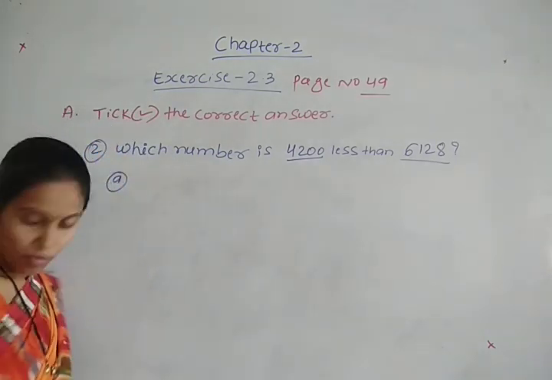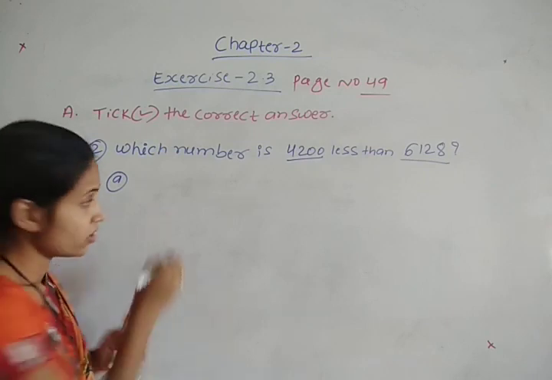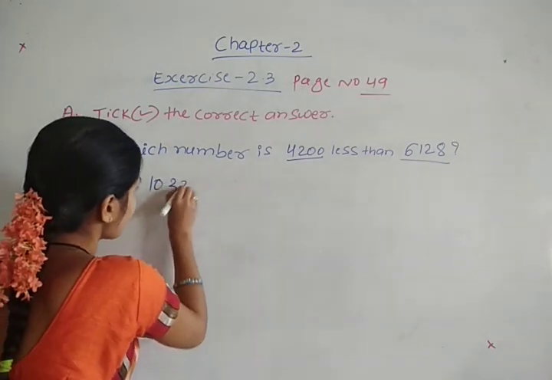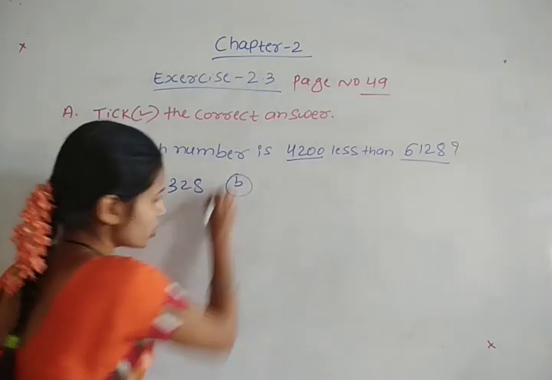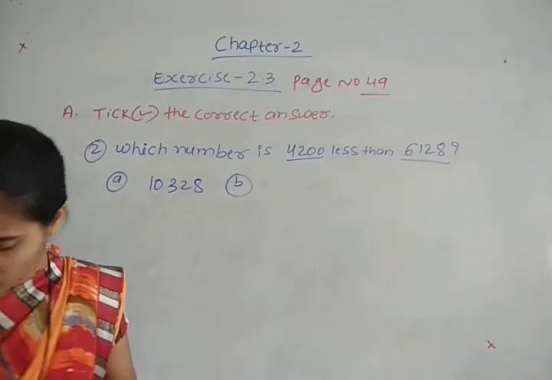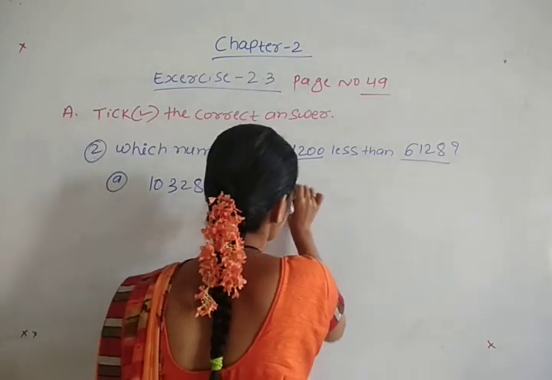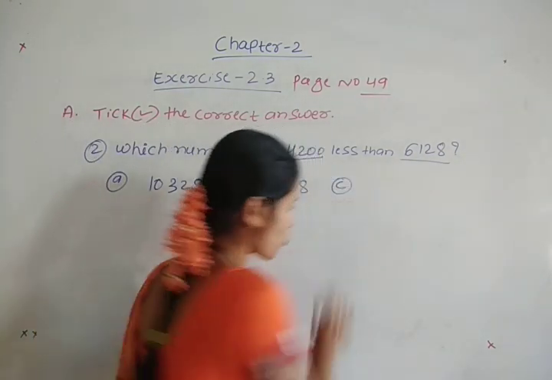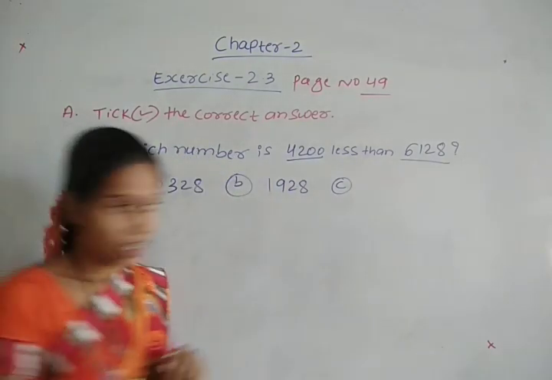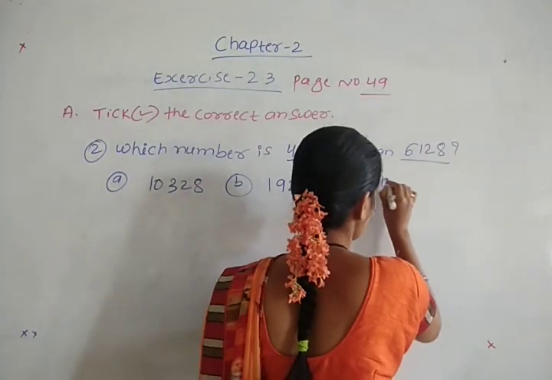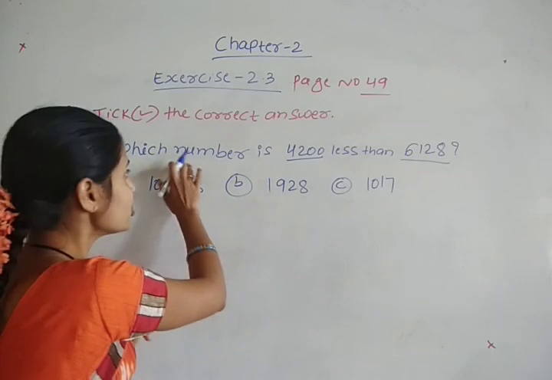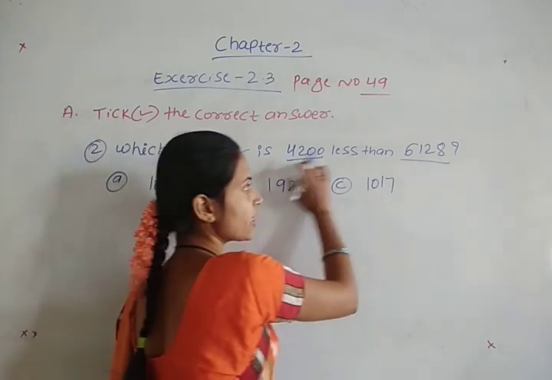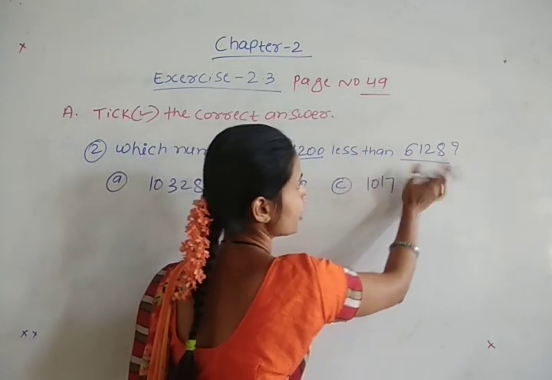Now the options they have given are A, 10,328, the B option is 1928 and the C option is 1017. Okay, which number is 4200 less than 6128?